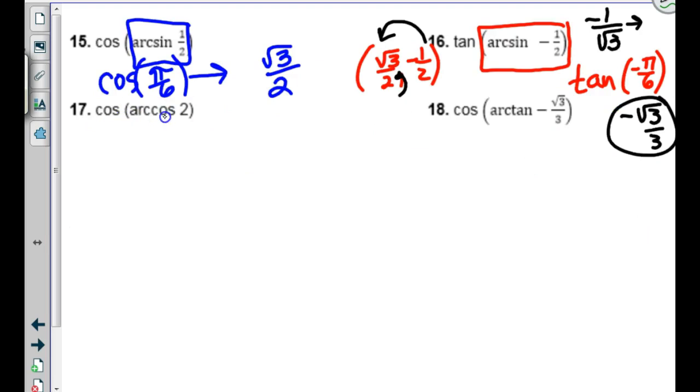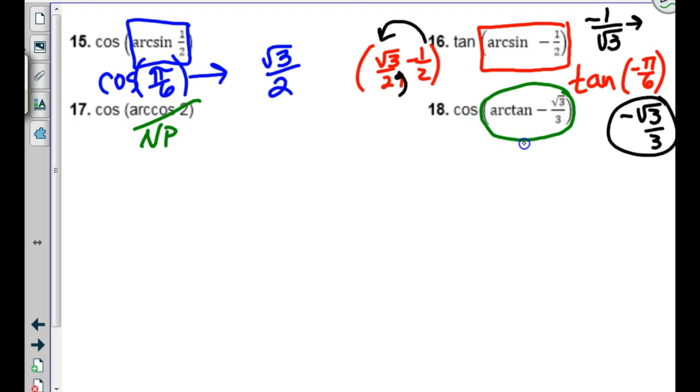All right, let's try this one. Where is the cosine 2? Yeah, not possible, so then we can't take the cosine of not possible. All right, this is a tricky one. It's not as tricky as we might think because we maybe just talked about it, but where is the tangent negative square root of 3 over 3?